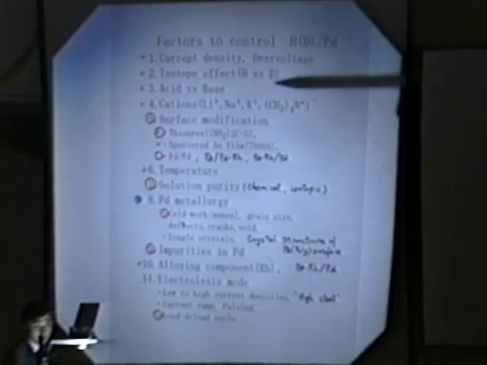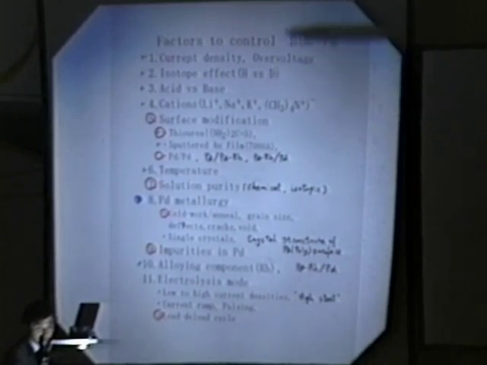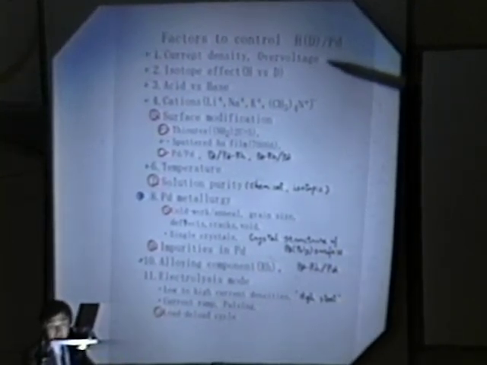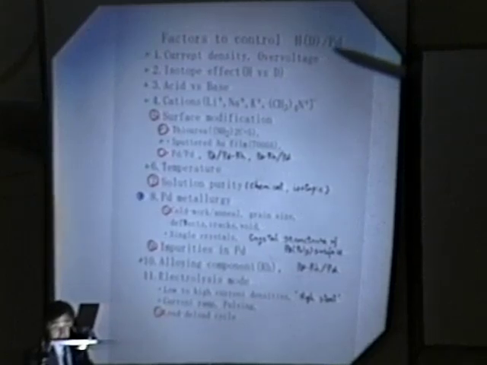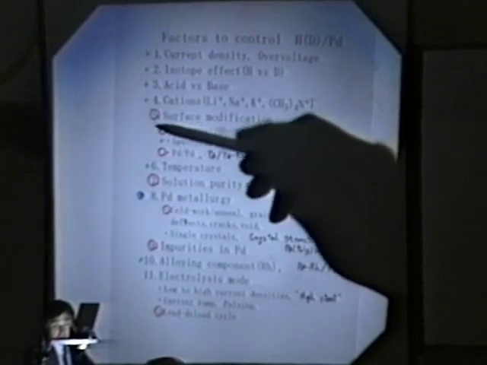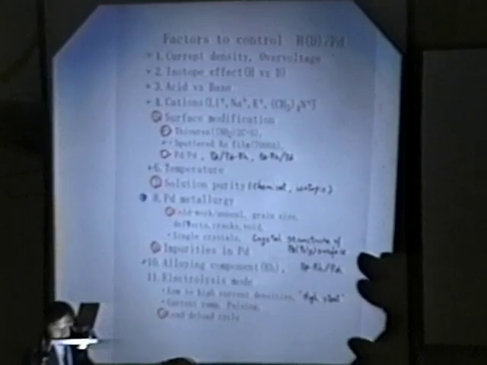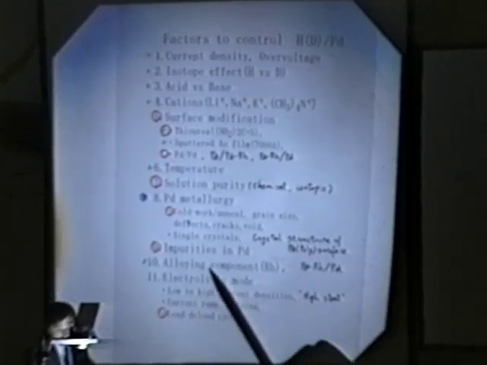We know about the effect of cations and effect of temperature, and we know now the cathode loading can be greatly improved by alloying rhodium. So I don't go through these old data again here, but I'd like to talk about those items with red circle here, especially about surface modification and also impurities and load-deload cycles.